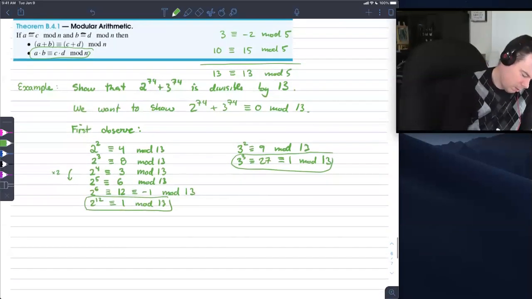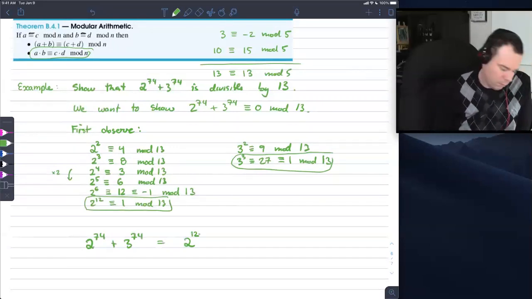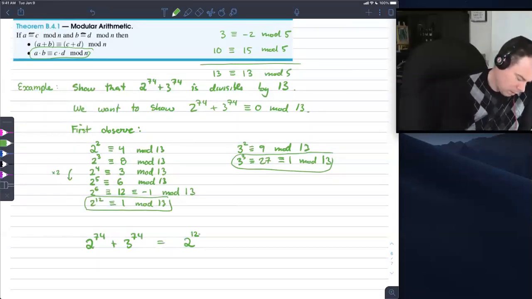And so now, when I go to 2 to the 74 plus 3 to the 74, I can say, well, that is 2 to the 12. 12 goes into 74 how many times? 6 times, with a remainder of 2.